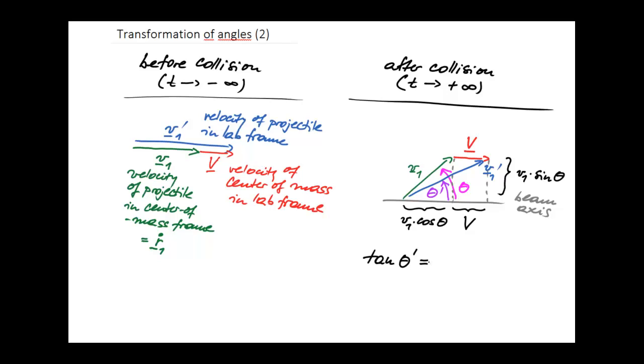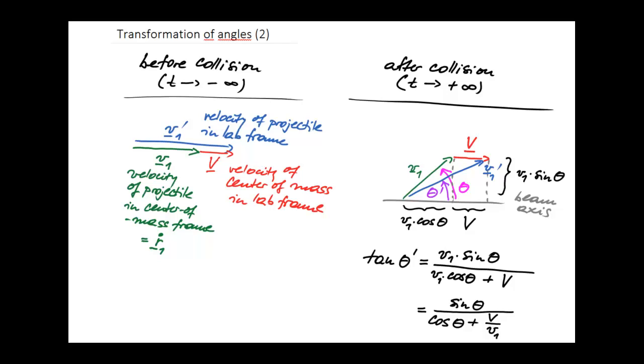For this purpose we have to consider the triangle that involves the blue vector, and the tangent is the height, which is v1 times the sine of theta that we had just indicated, divided by the horizontal length, and the total length of that side of the triangle is v1 times the cosine of theta plus capital V. We can slightly rewrite this as the sine of theta divided by the cosine of theta plus capital V divided by little v1.